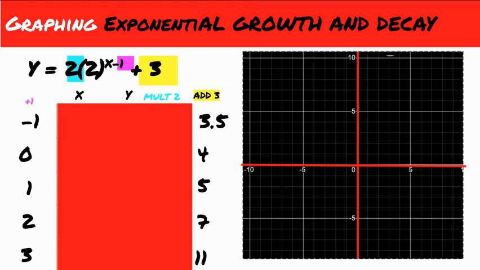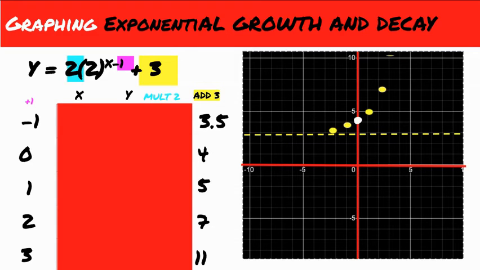So we block that center column out of our brains, and we go plot the far left and the far right. First and foremost, though, we plot that horizontal asymptote, as you were told in your notes. That yellow plus 3 tells us where our asymptote, or our fence, is. Then we'll plot and plot and plot.